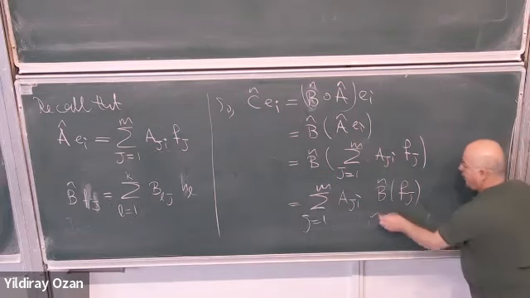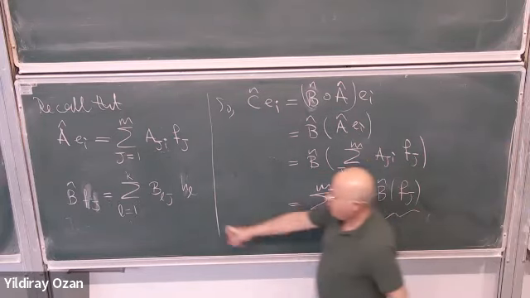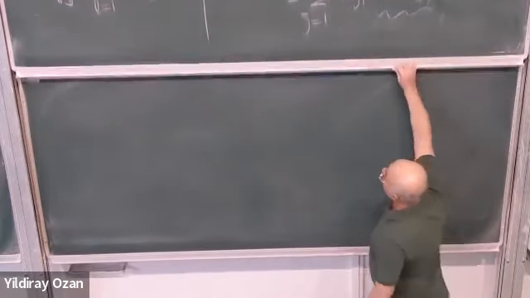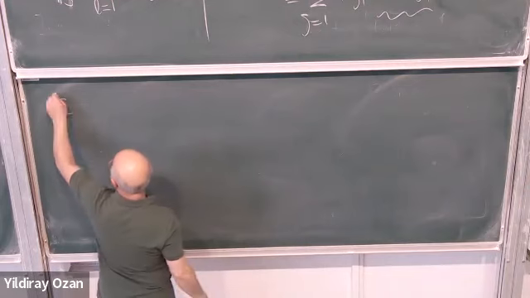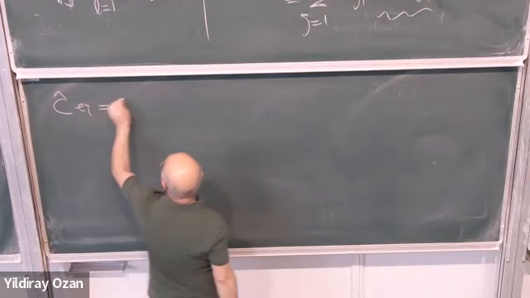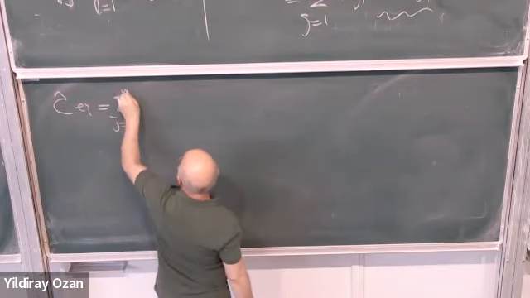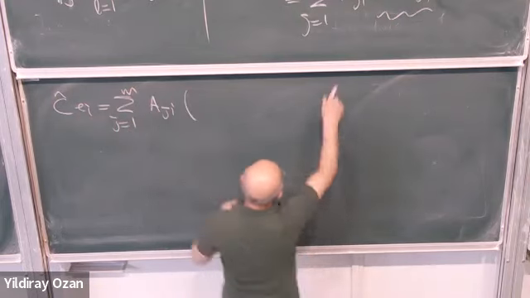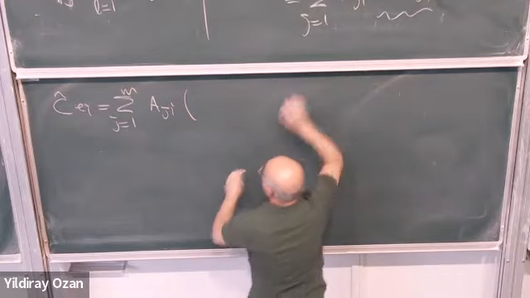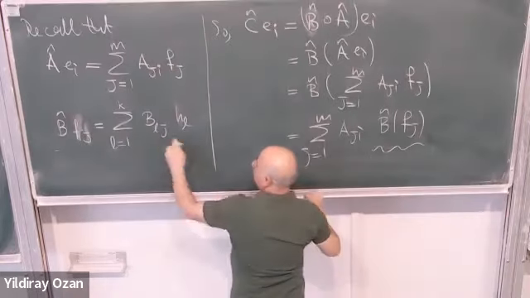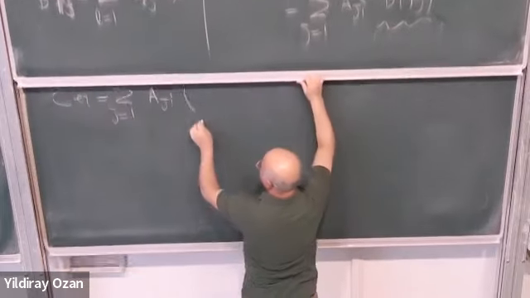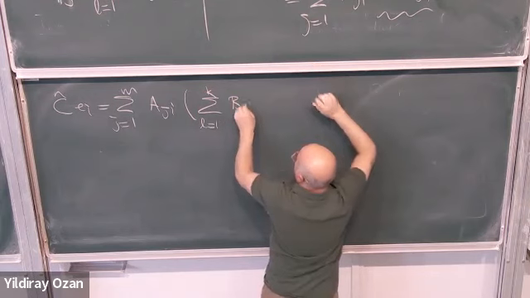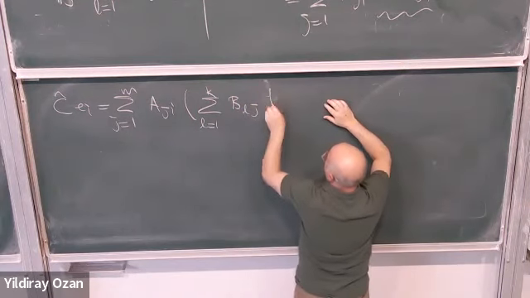Now for this one, I have this formula. So we have C hat of e_i is equal to the sum over j from 1 to m of a_ji times B hat of f_j. B hat of f_j is just this expression: the sum over l from 1 to k of b_lj h_l.